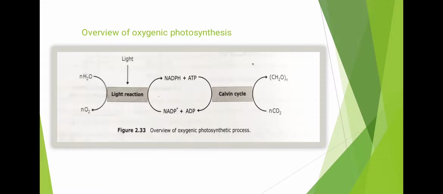The second process is what? It is the carbon fixation cycle step, or the Calvin cycle step, in which the ATP and NADPH are involved in the reduction of CO2 to triose phosphate. Clear? If you have any doubts, please comment below.